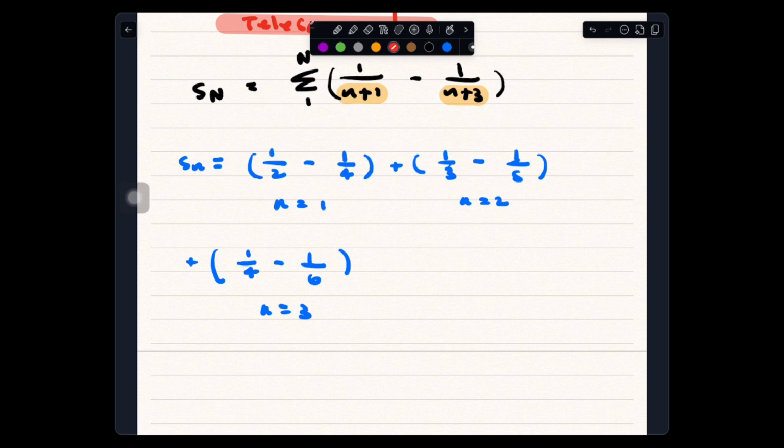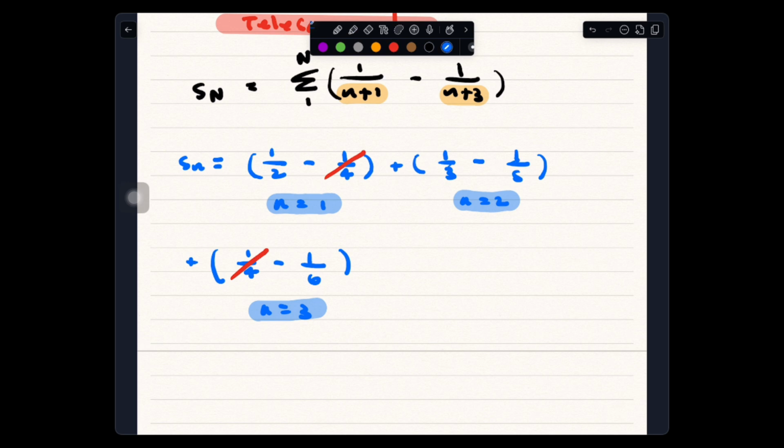So let's really take a look at what's happening here. The negative 1/4 finally goes away with the positive 1/4, and that happened by looking at the first 3 iterations. N is 1, n is 2, n is 3. Finally, something collapses. That's what I'm getting at.